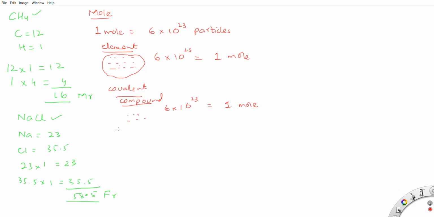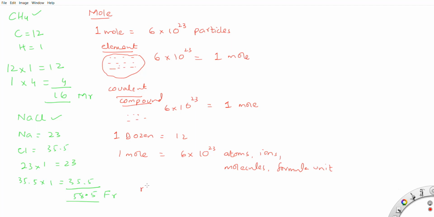So just as a representation, 1 dozen means 12. 1 mole means 6 exponent 23 particles. These particles can be atoms, ions, molecules, or formula units, anything you are counting. So we can convert, or we have the formula.